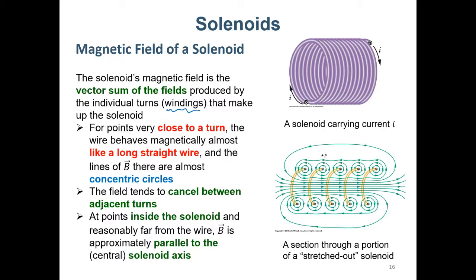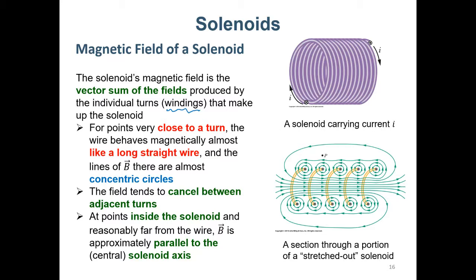And actually, here should be close to this wire. So this part should be dominated by this wire, but not the other. This is a cross, which means the current is going in here.